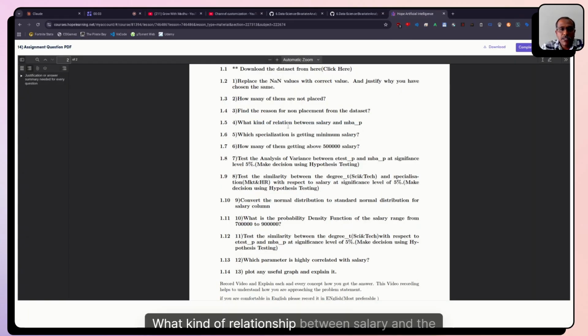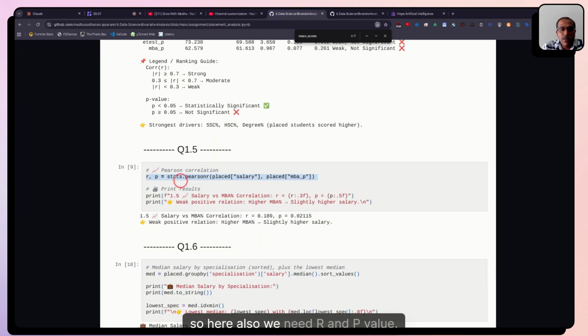What kind of relationship is there between salary and the MBA percentage? Here also we need R and P values. R stands for correlation coefficient, and P stands for the significance test. Here I have used a different algorithm, the Pearson algorithm. The R value we got is 0.189.